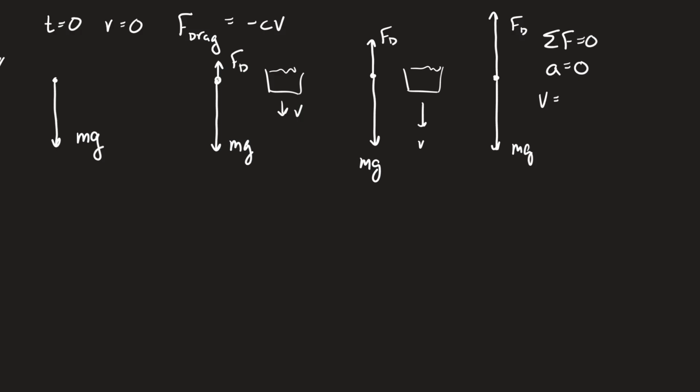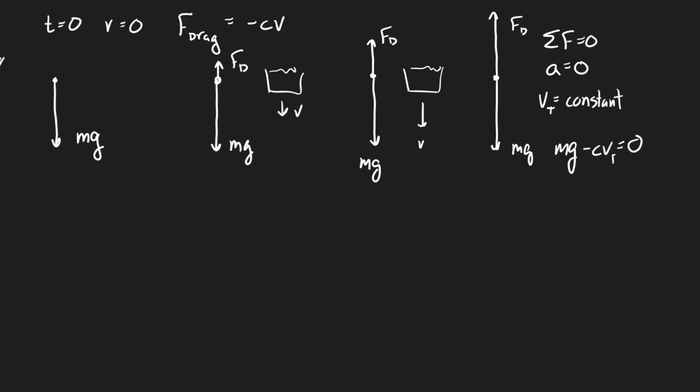So this object's not coming to rest. It's approaching what's called terminal velocity. And we've talked about this before. But this one, you can figure out the terminal velocity without doing all the calculus at least. Because the terminal velocity occurs when that force equals 0. So mg minus cv equals 0. That's when we are at terminal velocity.